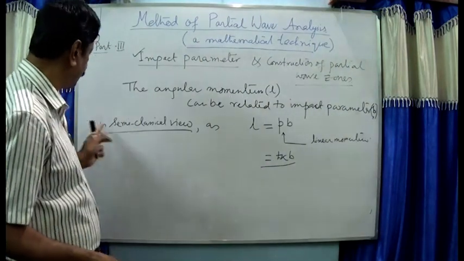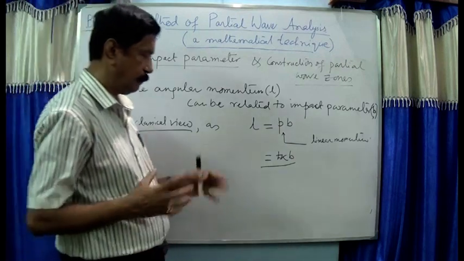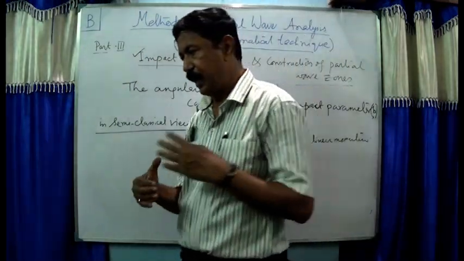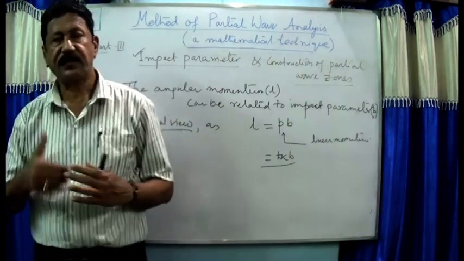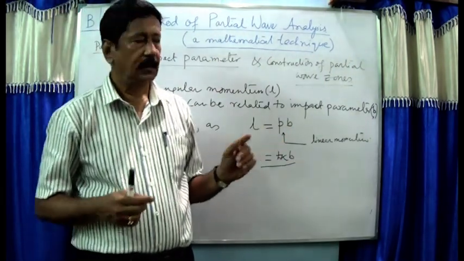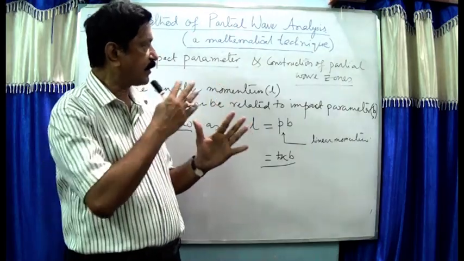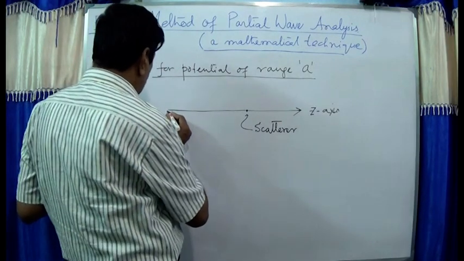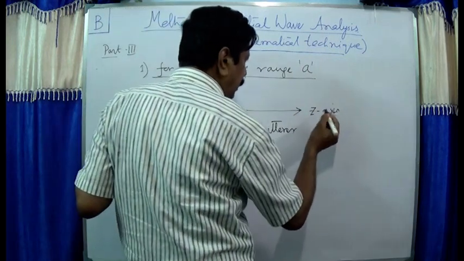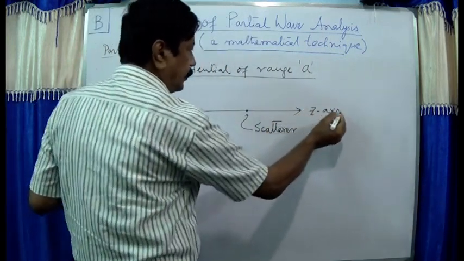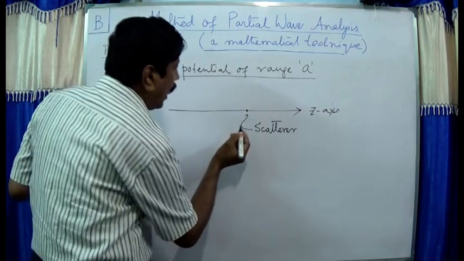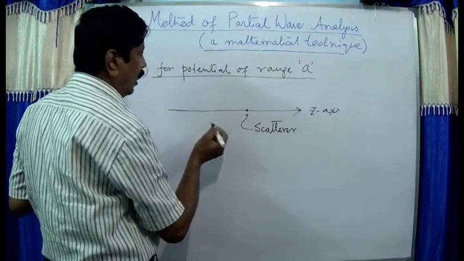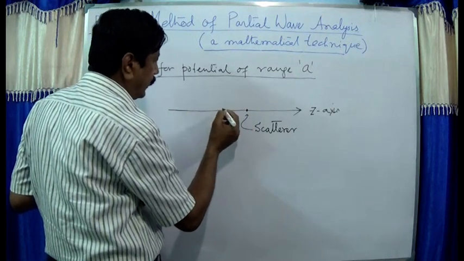Though it is a semi-classical view, but this will guide us in having a better understanding of the interaction scattering phenomena. For potential of range A, say this is the incident direction, that is z-axis, and let a scatterer be there.